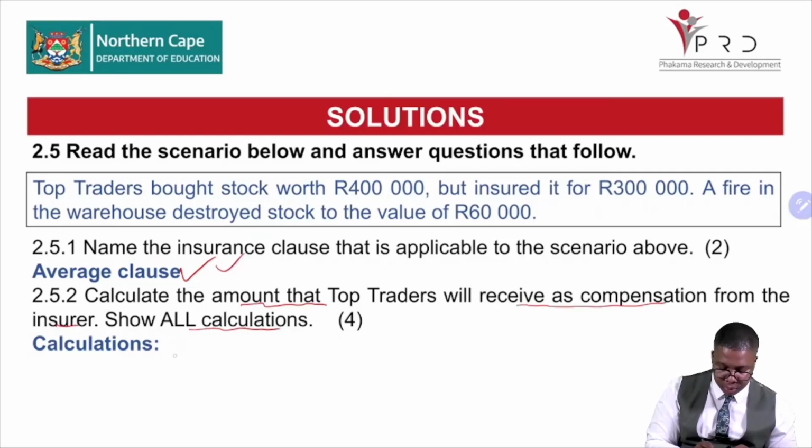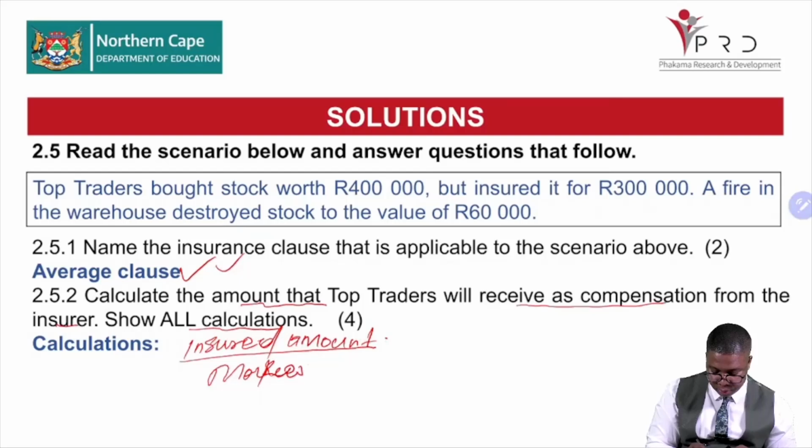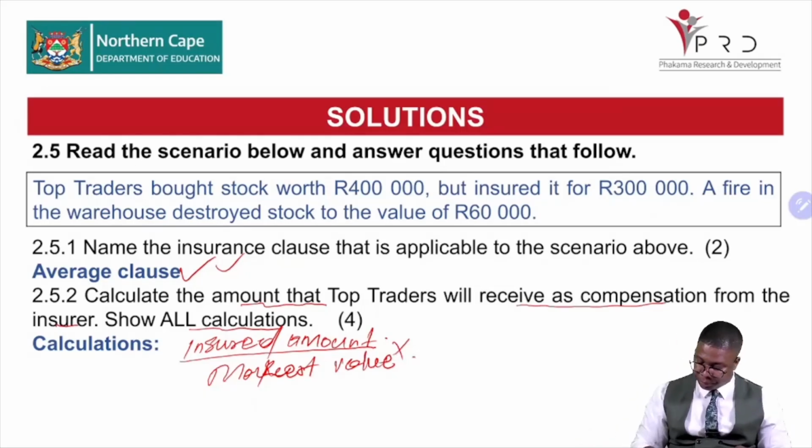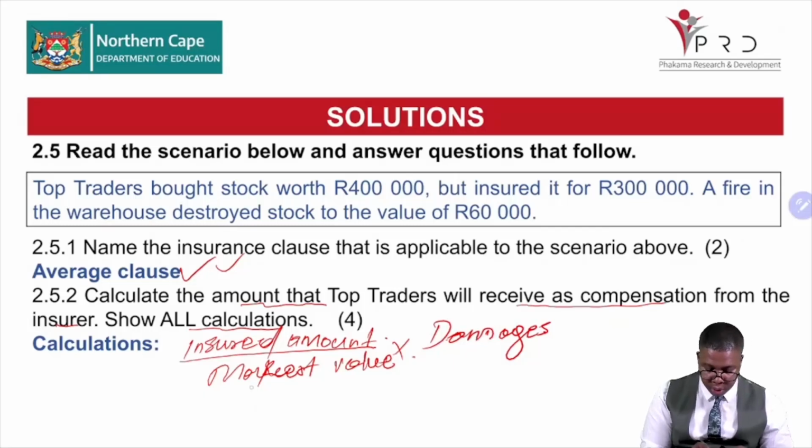Your formula is insured amount over market value, multiplied by damages.